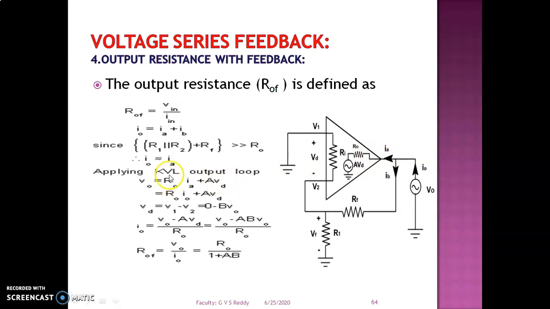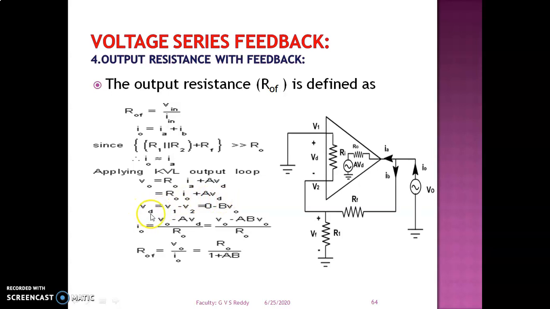So apply Kirchhoff's voltage law at output loop. VO equal to RO into IA plus A into VID or VD, which is equal to RO into IO, because IA equal to IO plus A into VD.